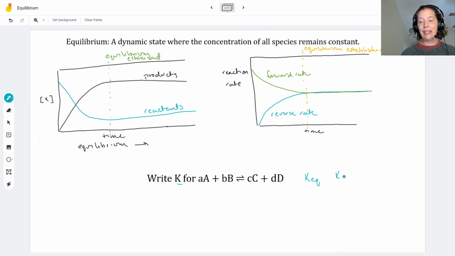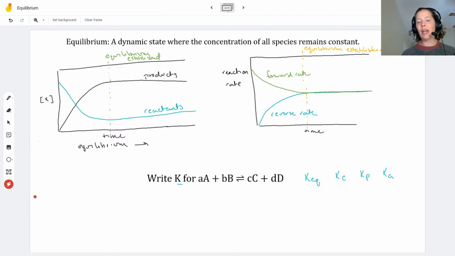You also might see it as Kc, the equilibrium constant for concentrations, or Kp, the equilibrium constant if you're measuring pressures. There are several of them. We've also seen Ka, the equilibrium constant for an acid. But let's just generally see how we write a K for an equilibrium expression.